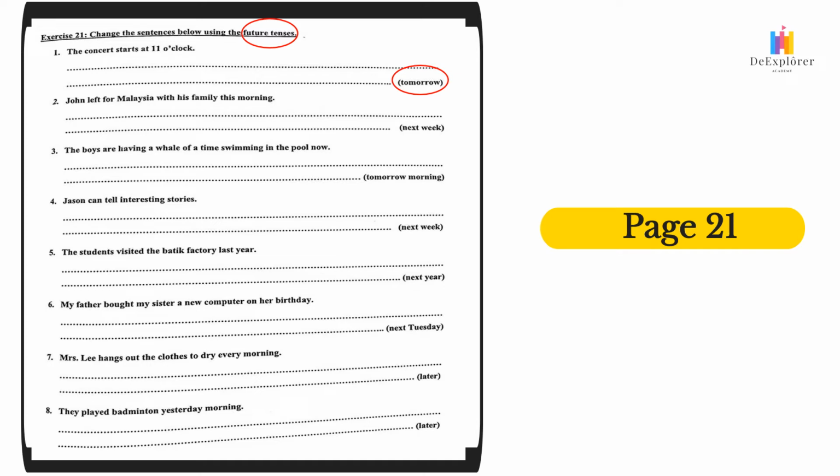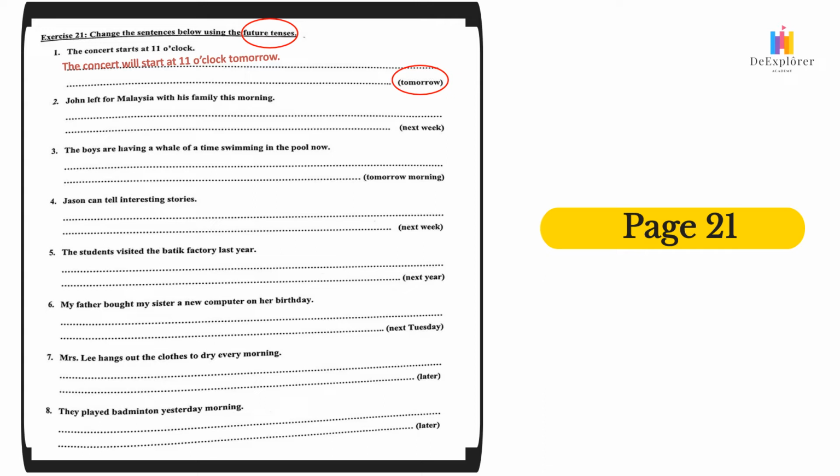So when you use the future tenses, you can choose one of the future tenses. Okay, let's see. The concert will start at 11 o'clock tomorrow. So you see, the subject is the concert and the verb you have to change to will start. Why? Because you're talking about tomorrow. So you can't use starts or started or is am are starting.